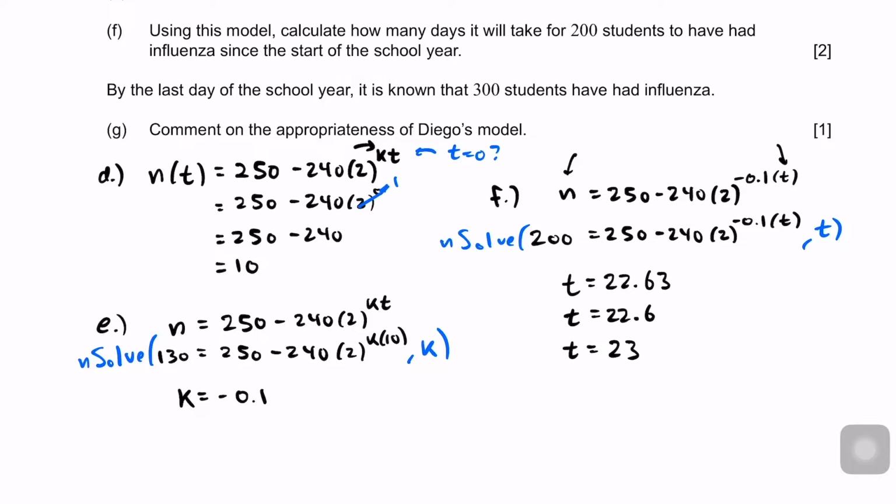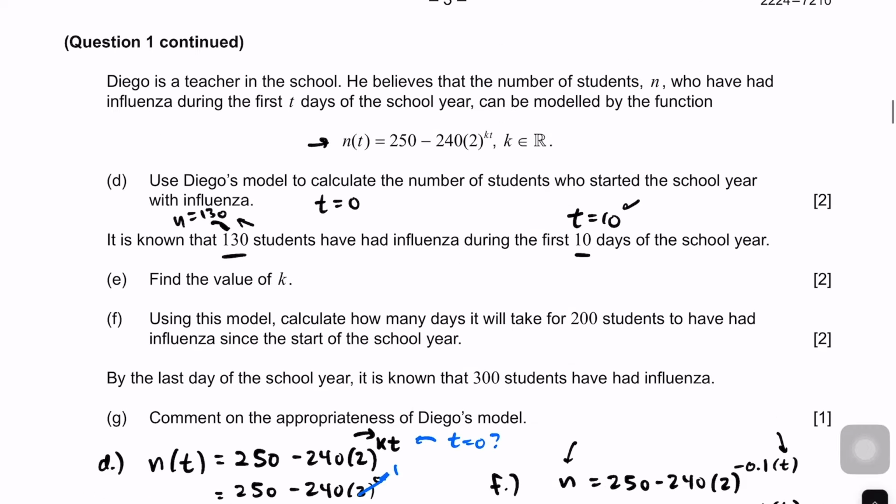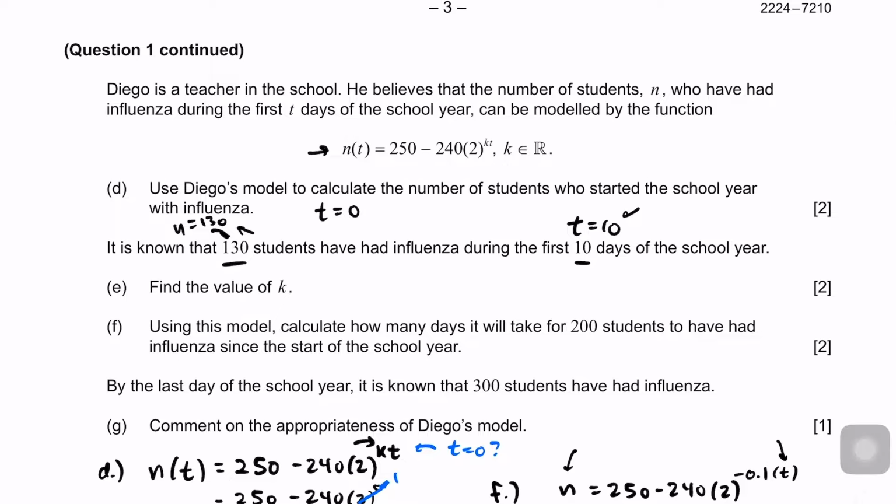Alright, ending off here, by the last day of the school year, it is known that 300 students have had influenza. Comment on the appropriateness of Diego's model. Okay, so Diego's model tracks the number of students who have had influenza. So not the students that have influenza at any given time, but who have had influenza.